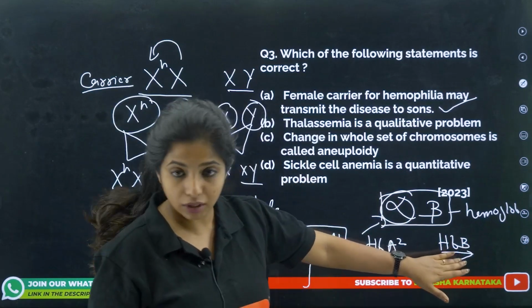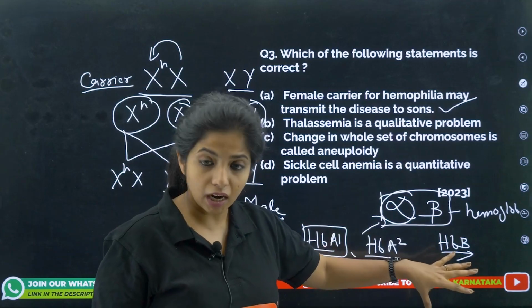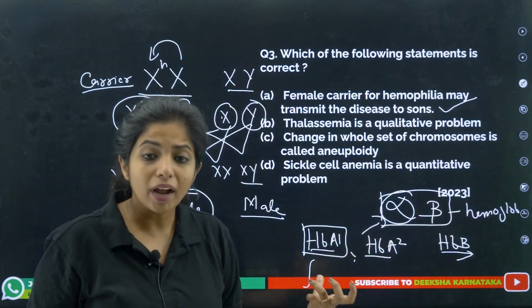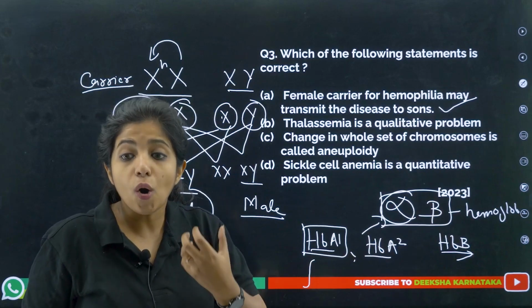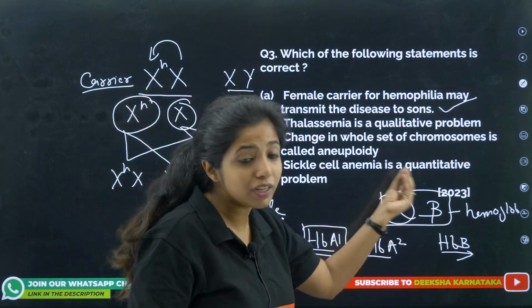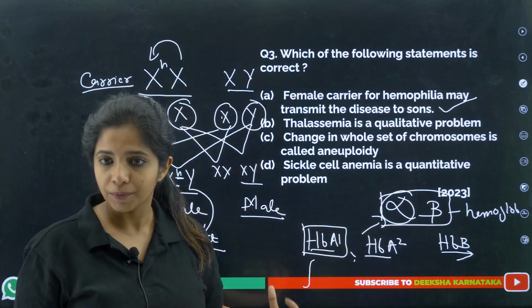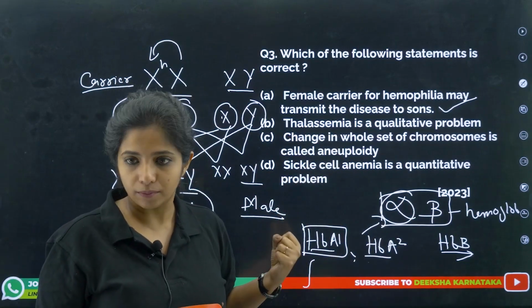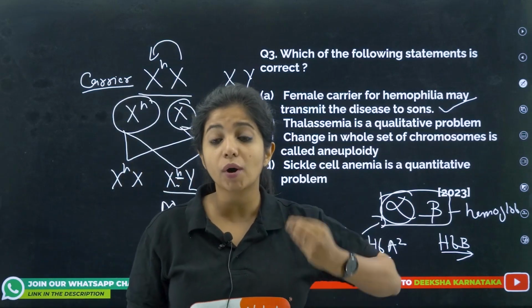Similarly, in the alleles for this one, there are chances that only one allele is affected and another allele is still there. So you are messing up the quantity, not the quality. You are messing up the quantity of the globin chains being produced, which is why we say thalassemia is a quantitative problem. It's not a qualitative problem, it's a quantitative problem.